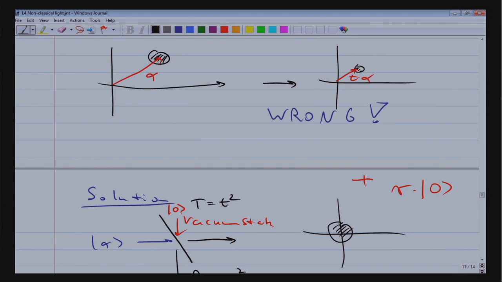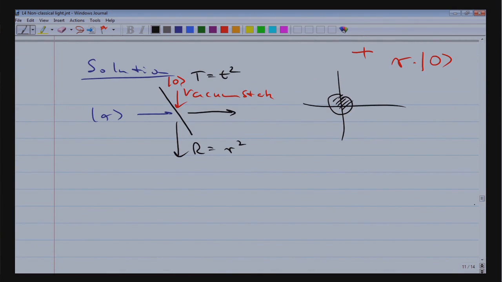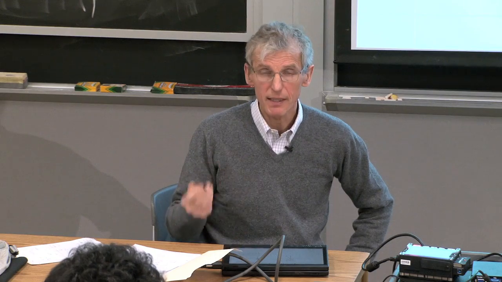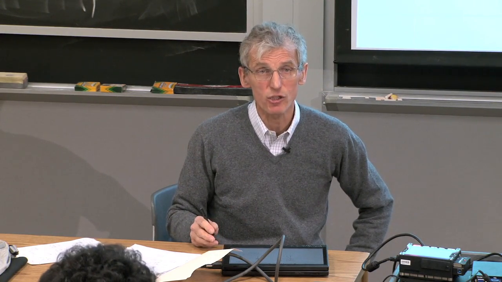And if you now correctly do the math, if you add the two together, you find you get a coherent state which has an amplitude of T alpha, but has the correct Poissonian fluctuation, is again a minimum uncertainty state.